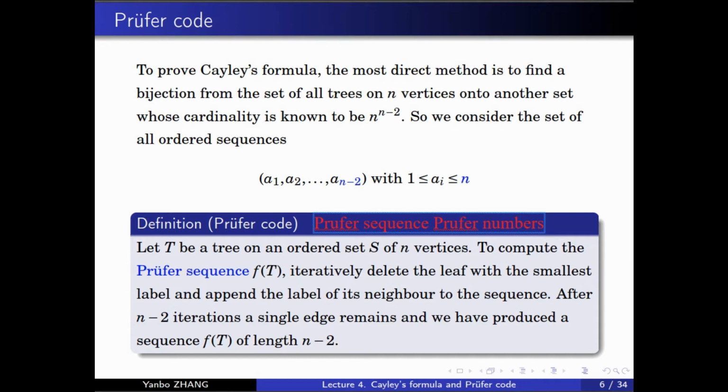After n minus 2 iterations, a single edge remains, and we have produced a sequence f(T) of length n minus 2. So to get the Prufer code, each time we need to delete the leaf with the smallest label and add the label of its neighbor to the sequence, and we do it n minus 2 times.